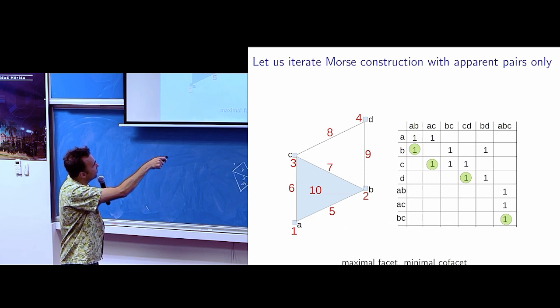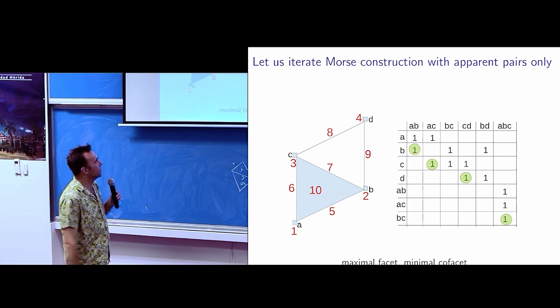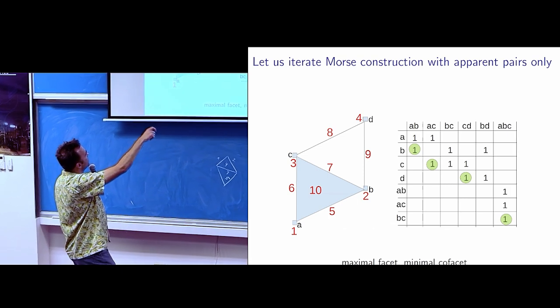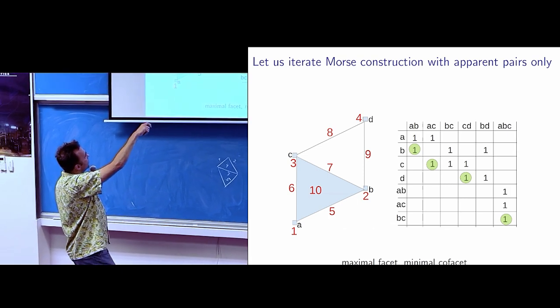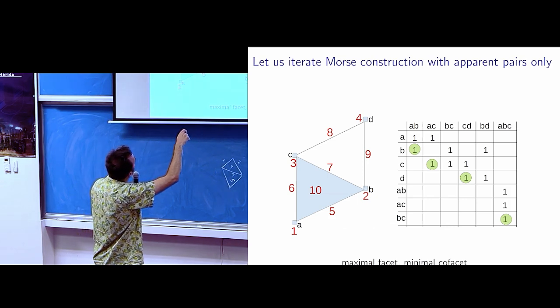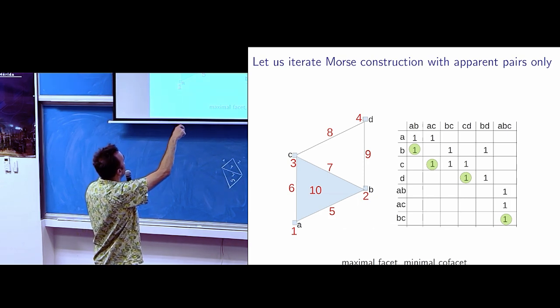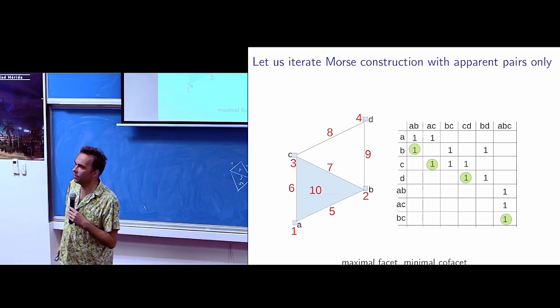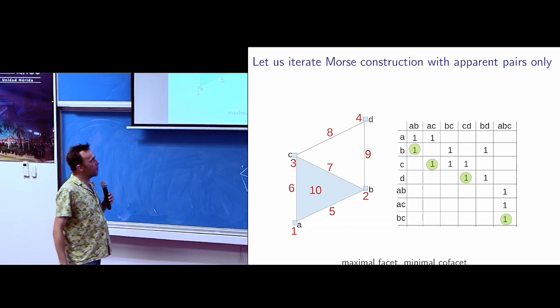Therefore, this is an apparent pair, but this is not an apparent pair. And ABC and BC, so ABC is this triangle and BC is this edge. Wait a second, ABC and BC. Yeah, so this is the youngest face. And this is the only coface, so we don't need to check anything. So those are the apparent pairs.